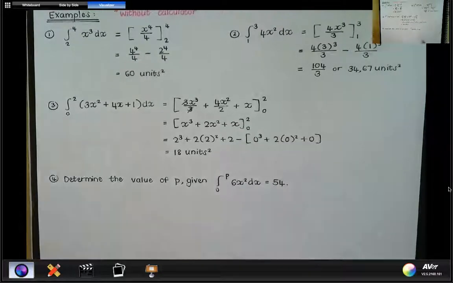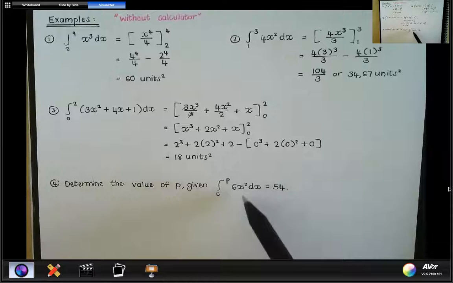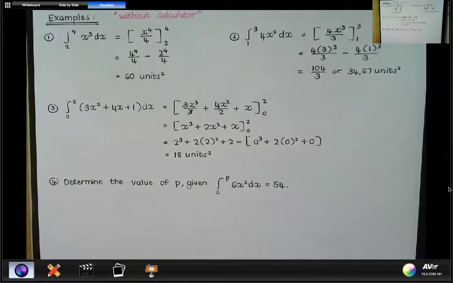All right, so now they haven't given us that final boundary, our final x value, but they've given us the value of the actual integral.